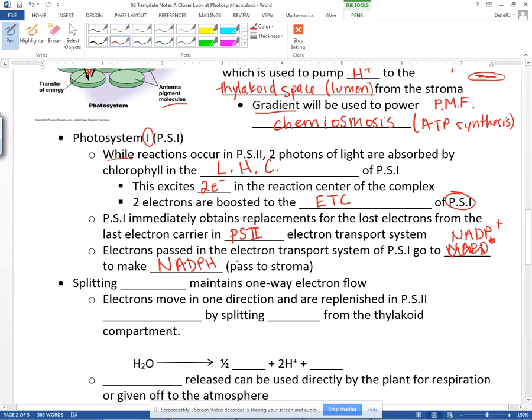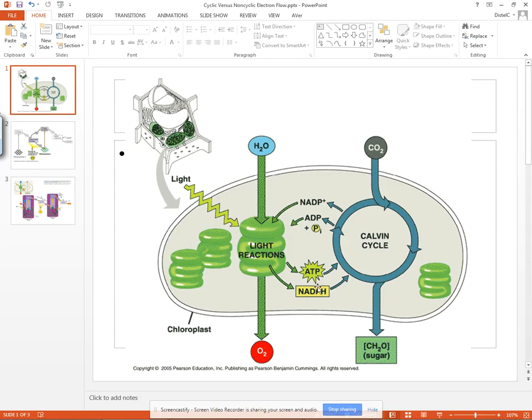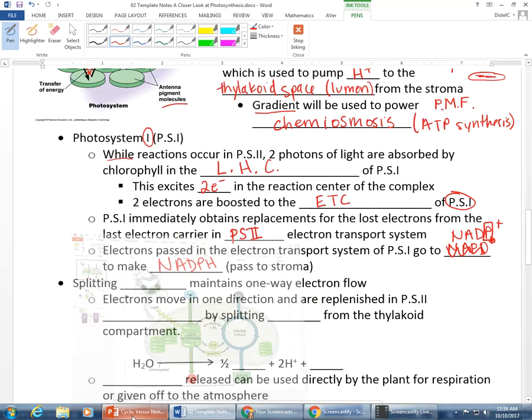NADPH does. So just like NAD plus in cellular respiration, think of the P in here for photosynthesis. This molecule is used during photosynthesis. Now these electron carriers are going to be used, switch back here, NADPH from the light reactions is going to take electrons to the Calvin cycle. So NADPH leaves the thylakoid and goes out into the stroma, the space out here.